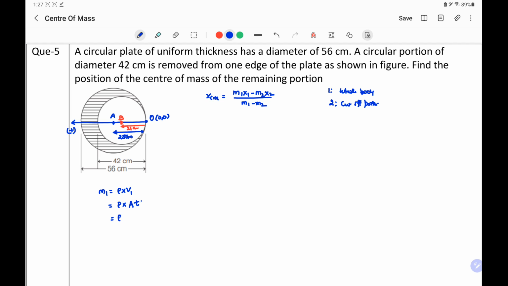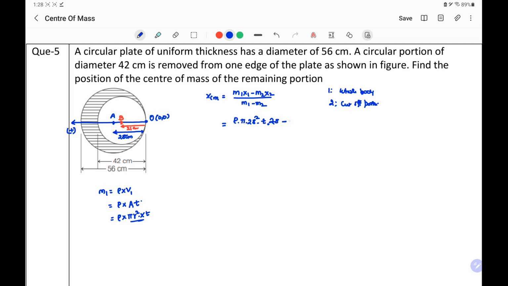So it will be rho into area of the plate, which depends on the radius, so it is pi r square into t. So we will use the formula. It is equal to mass of the whole body, density into pi into radius 28, so 28 square into thickness t, and then multiplied with distance x1 from the reference point, so it is 28.